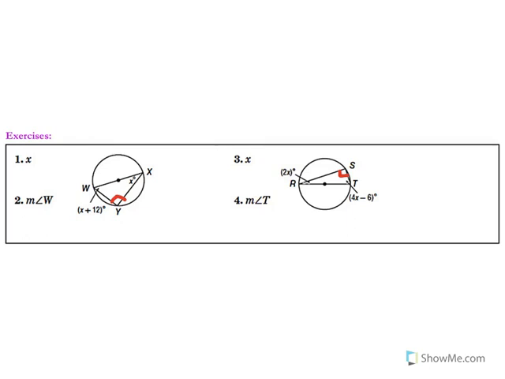I got you. In order to figure out what x is, we can add up all of the angles in this triangle and solve for x. So we know that we've got a 90-degree angle, we have an angle called x, and then we have one called x plus 12. And those 3 together should make 180. I have 2 x's, and I've got 102.